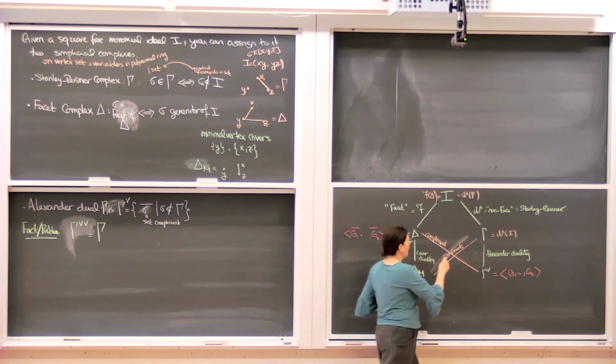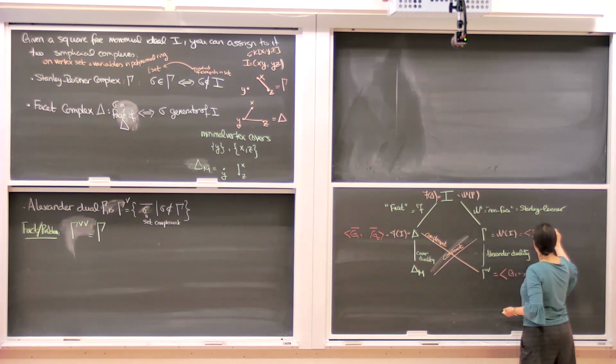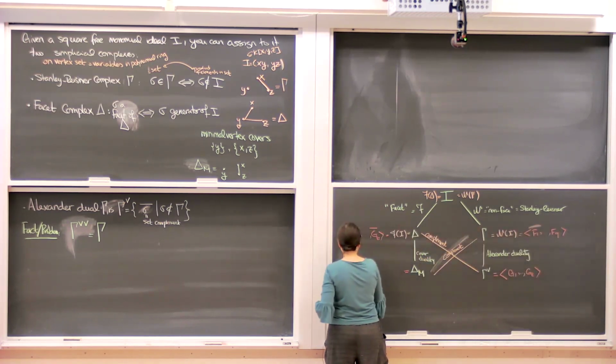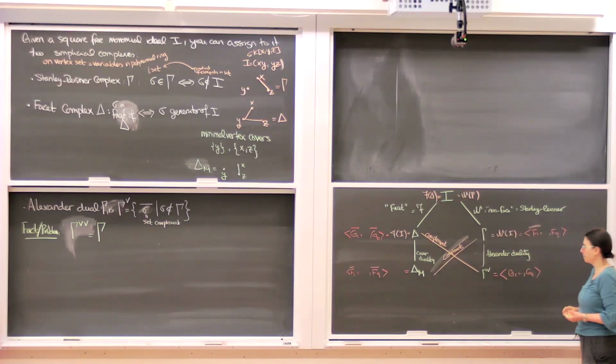And if this one has facets F1 to FQ, this one will have facets F1 bar to FQ bar. This is a really useful correspondence, okay?